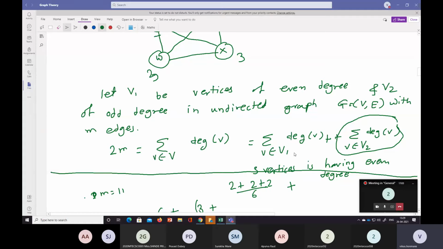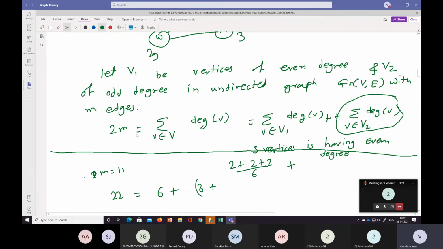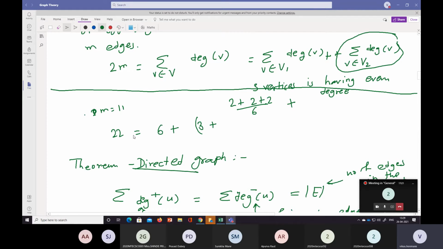Okay, v1 and v2 are the vertices of even degree and odd degree. So we can put these values in this equation, and by using the handshaking theorem we can get the result as 2m, number of edges.